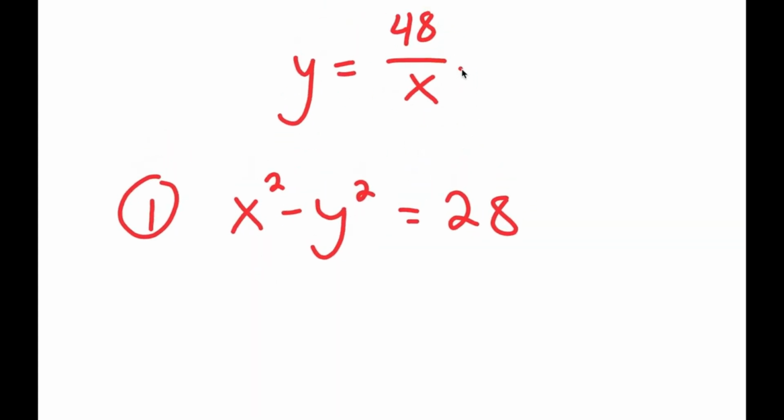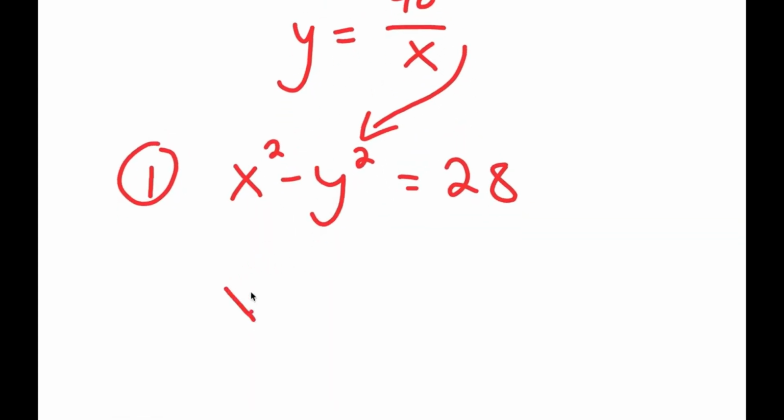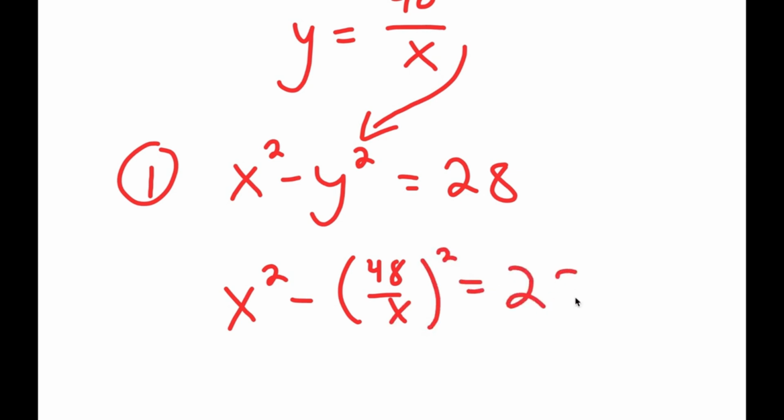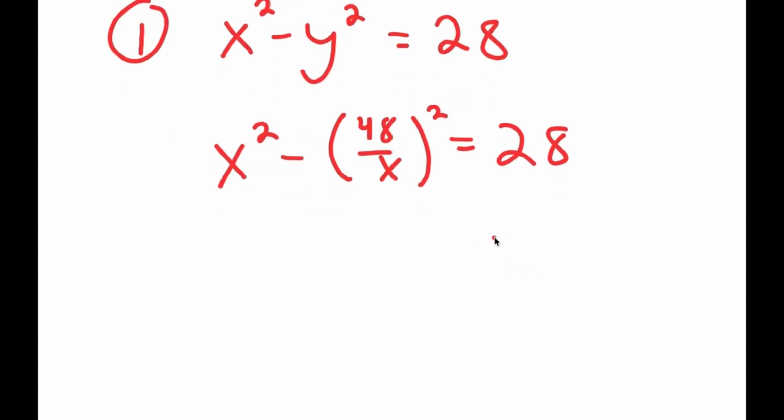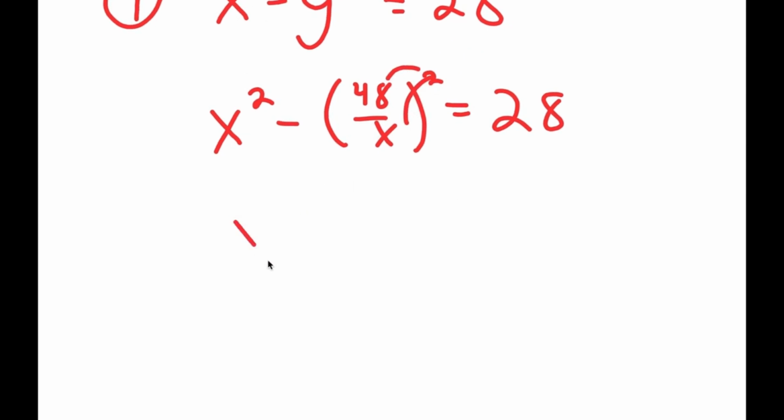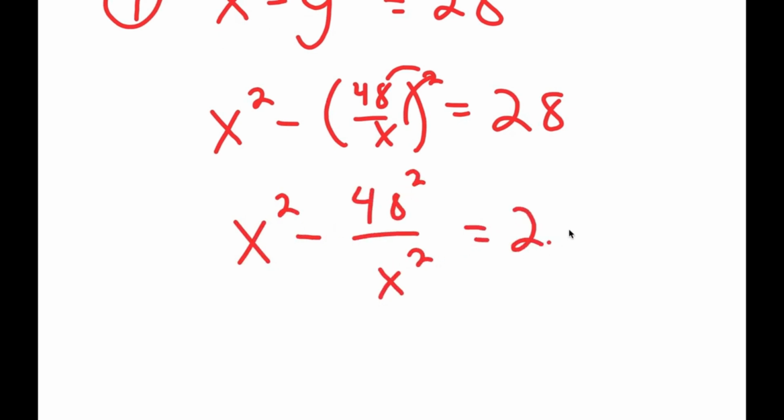If I plug this in for y, I get x squared minus (48 over x) squared is equal to 28. Now I can distribute the 2, so I get x squared minus 48 squared over x squared is equal to 28.